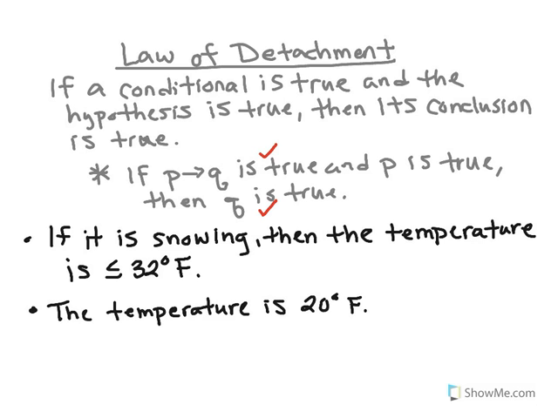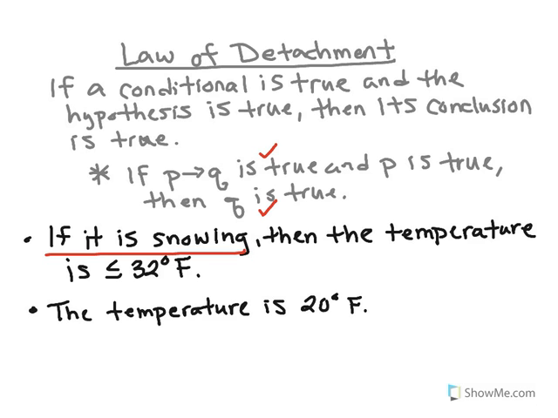However, the hypothesis part has to be stated in order to draw that conclusion. So regardless of whether I know the temperature is 20 degrees or not, the hypothesis of this statement is not known right now. I don't know if it's snowing outside. Not that it ever would in Texas.